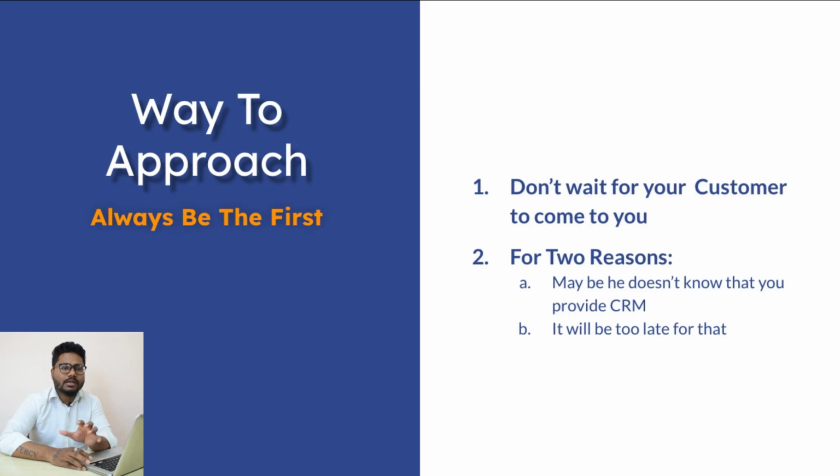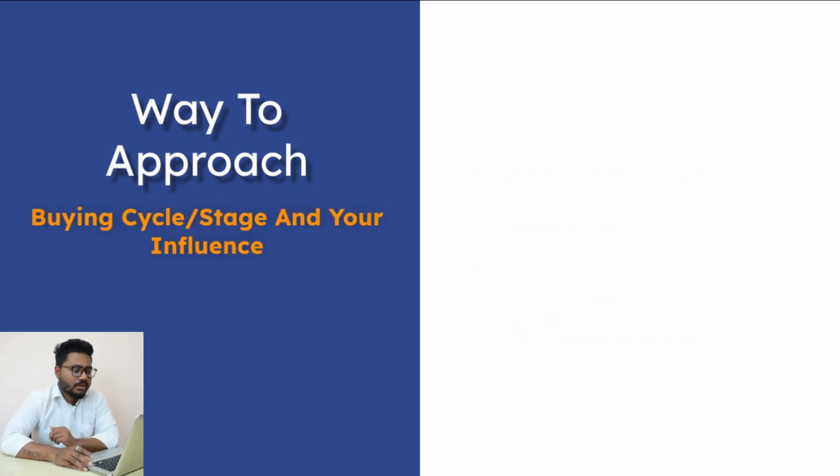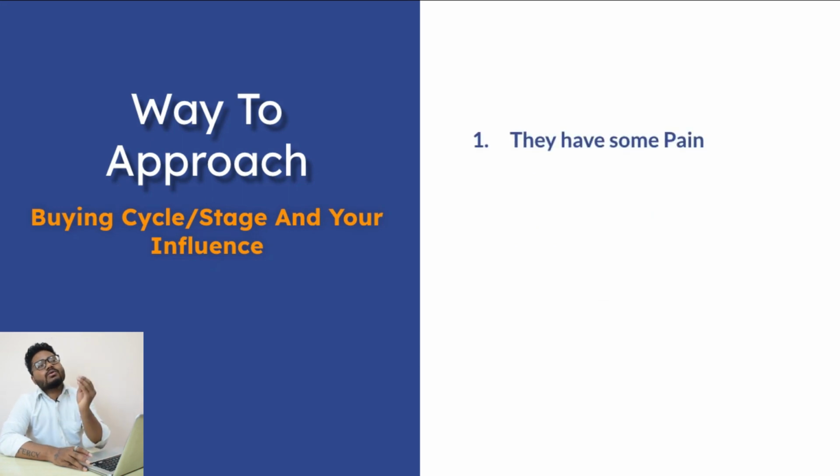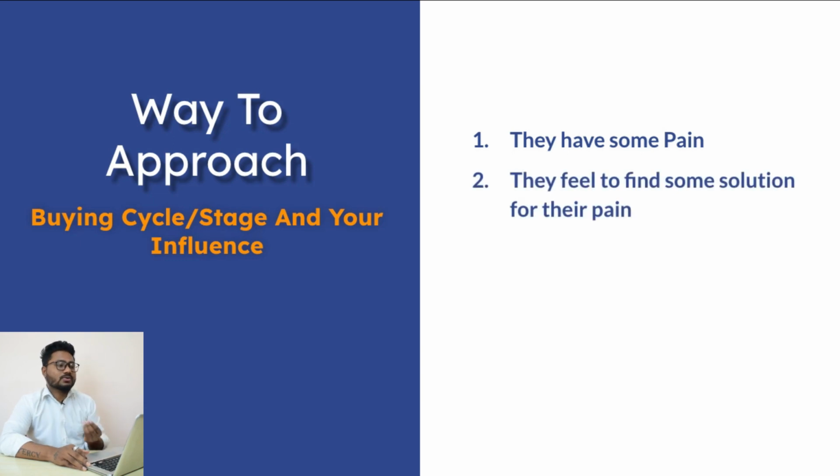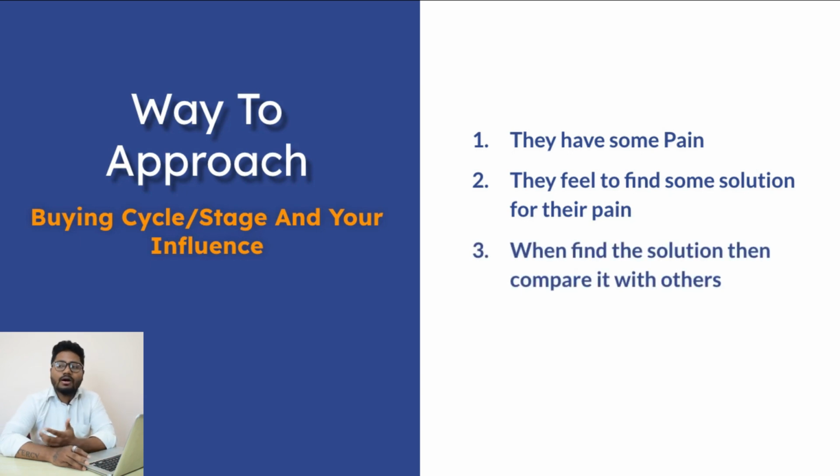So let us understand a little bit about the customer's buying journey of CRM. First of all, they have some pain, some problem, right? Then they realize that they have to find some solution to this problem. Then they find a solution, and after finding the solution, they compare it with other solutions, correct?